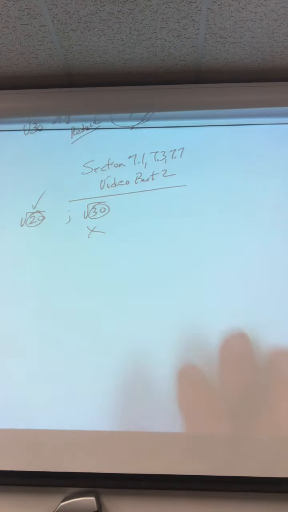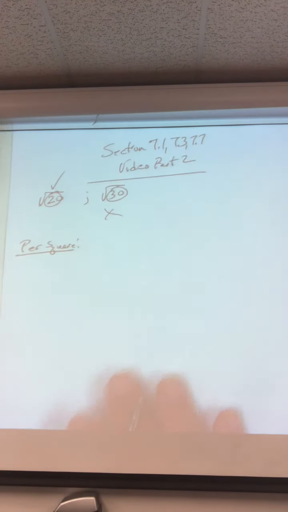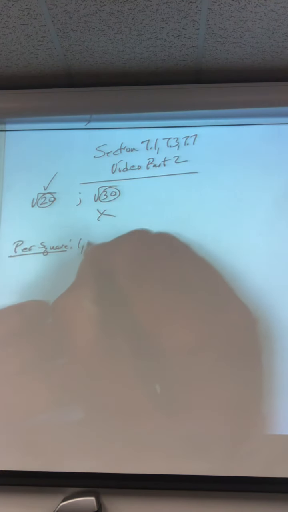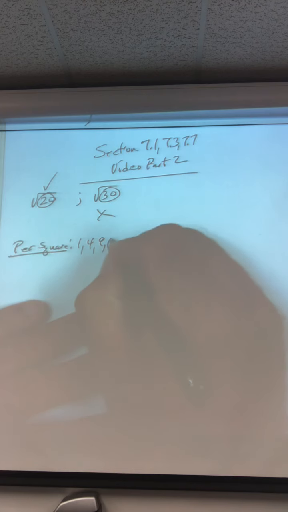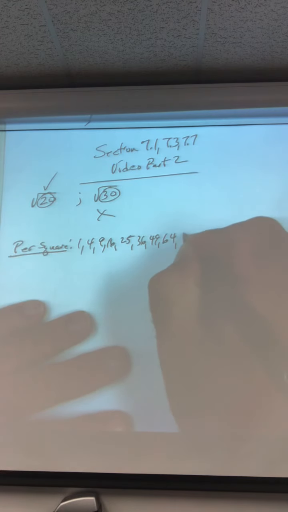Now, before I'm ready to talk about that note, let me talk again. You've heard me do this before. What is a perfect square? A perfect square is any number that you can factor as something times itself. So let me just write out a string of them. 1, 4, 9, 16, 25, 36, 49, 64, 81, 100.